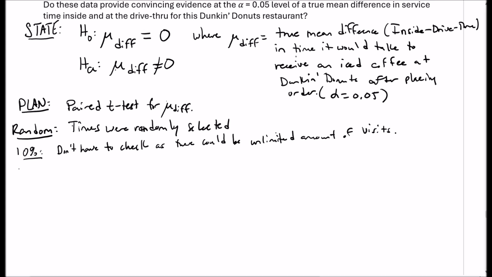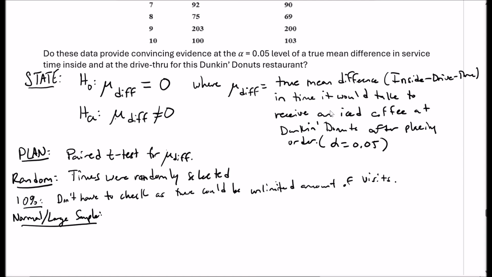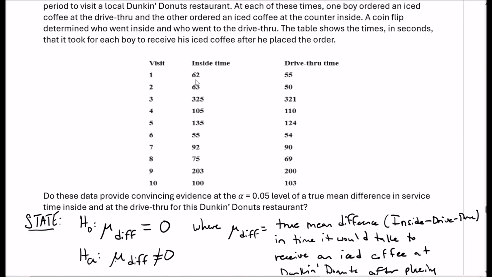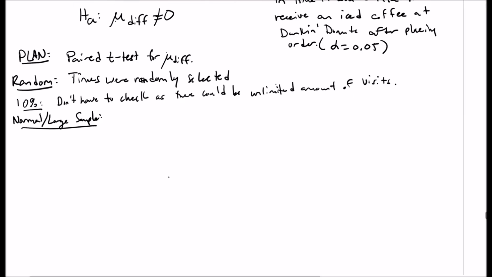All right, and then we'll just go straight to the other condition, the normal condition. Okay, so we'll do the normal large sample condition. So in this case, let's see how many, we had 10 visits. So we have n difference is equal to 10, which is less than 30. And so that means we have to check the graph, right?